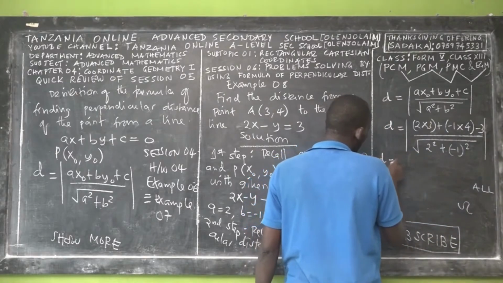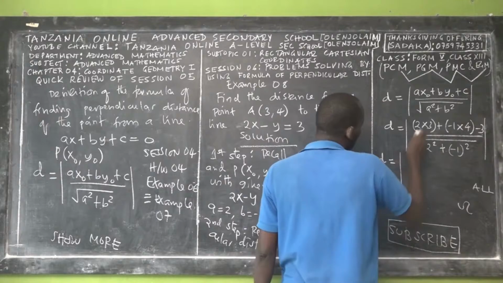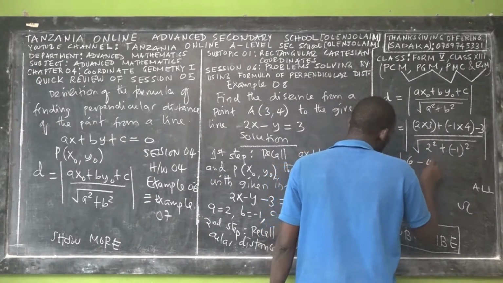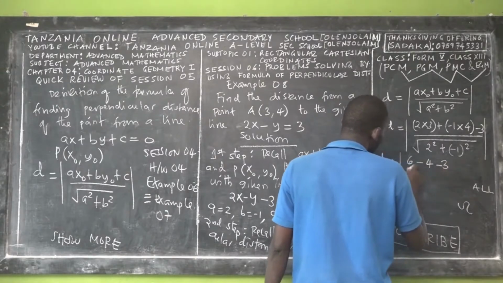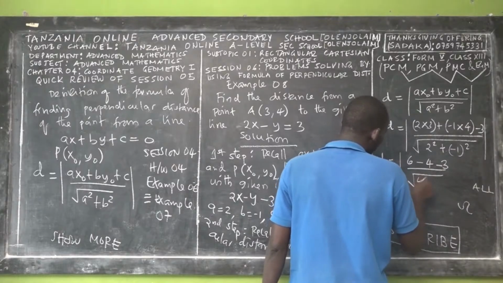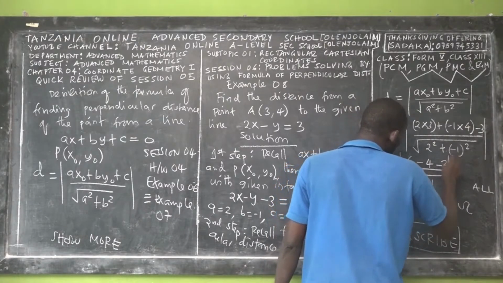So the distance is equal to 2 times 3 is 6, then minus 4, then minus 3, over the square root of 4 plus 1.